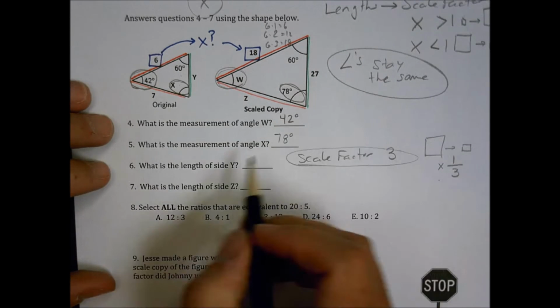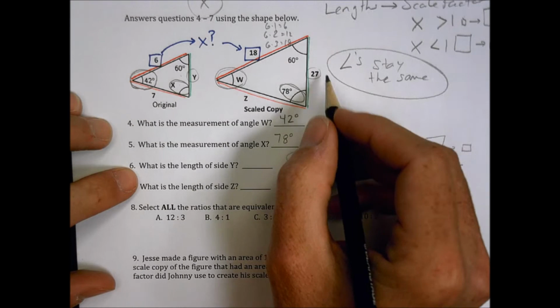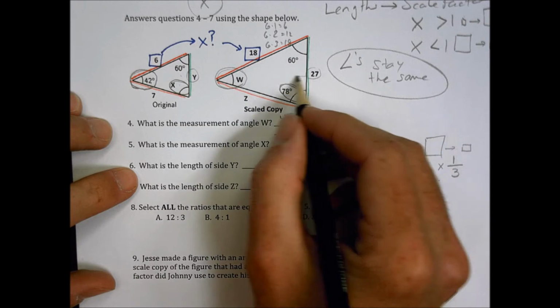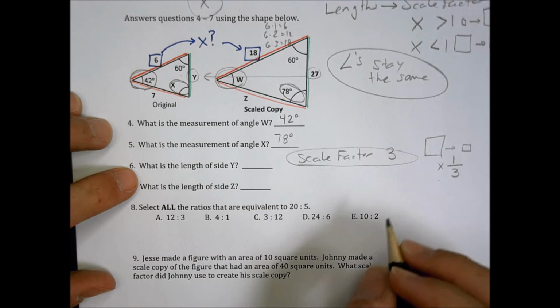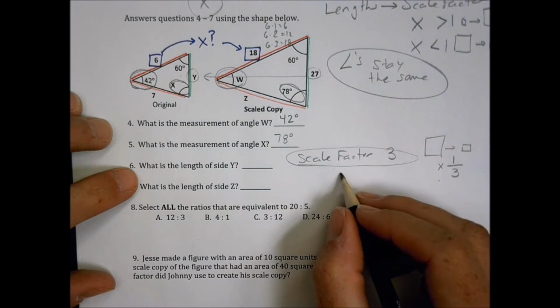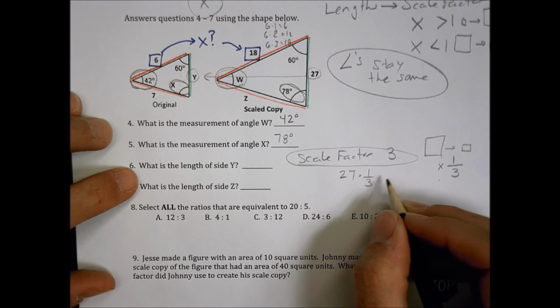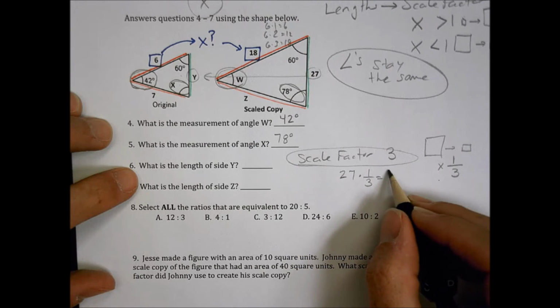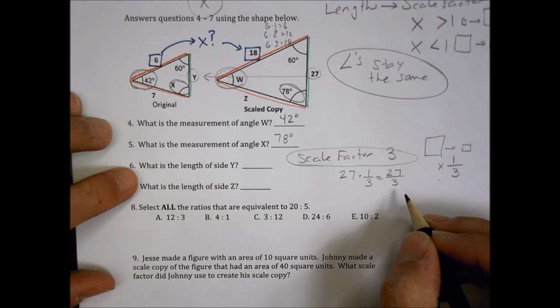So for number 6, when it says what's the length of Y, we're asking, how do I go from 27 to the smaller copy? I'm not going to multiply by 3. I'm going to multiply by something less than 1, which is 1/3. So it's really 27 times 1/3. Well, 27 times 1/3 can be written as 27 over 3, or 27 divided by 3.